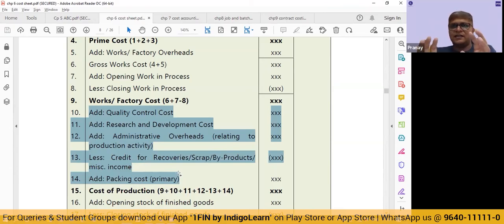We are not saying that it is not relating to production. Everything is relating to production, but the difference is whether we want to include that as a part of WIP or not. And because these costs are more to do with finished goods, we are taking it after adjusting for WIP. That is the only difference.